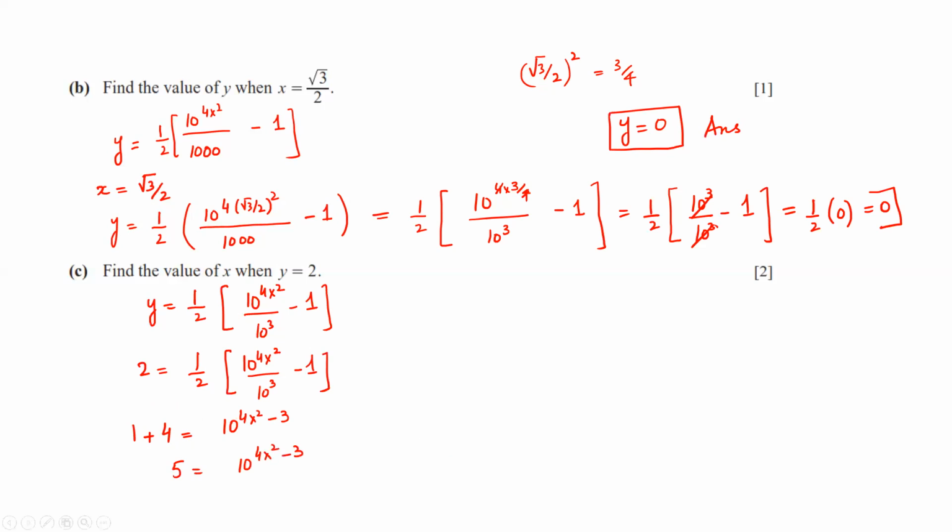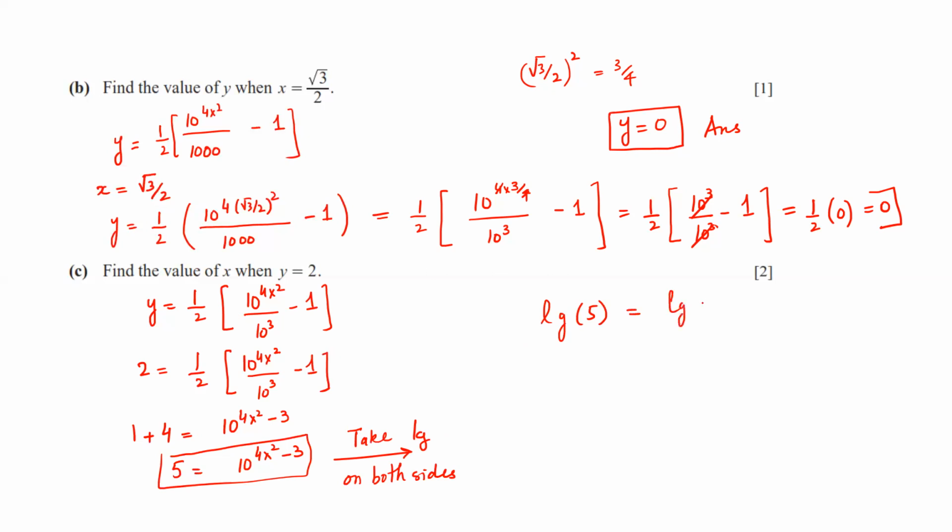Now you just simply take log on both sides. What we get is log of 5 is equal to log of 10 raised to power 4x square minus 3.